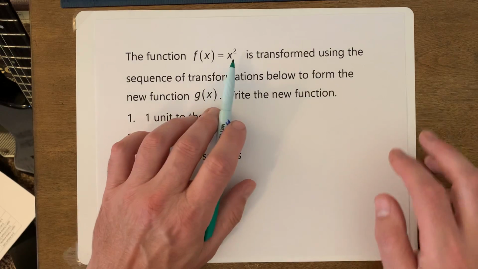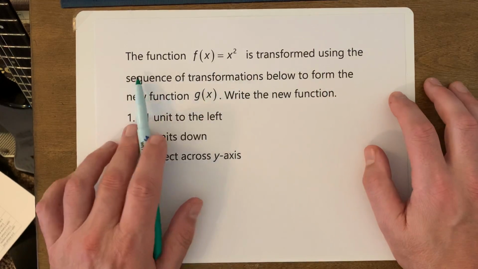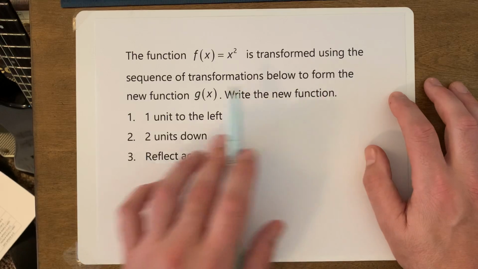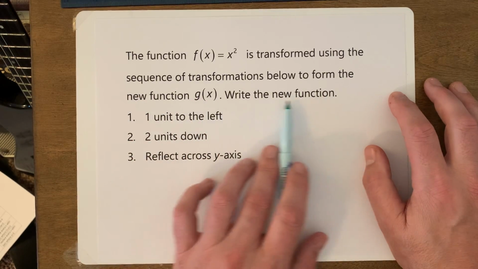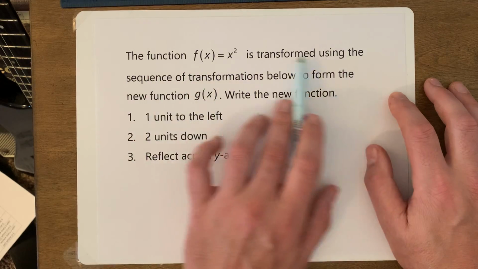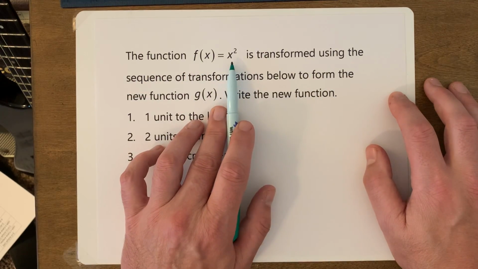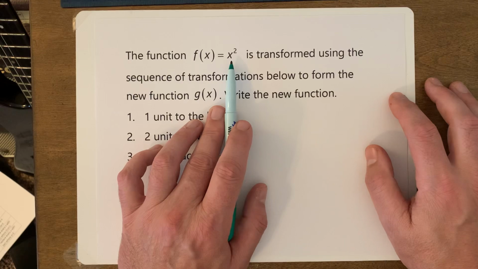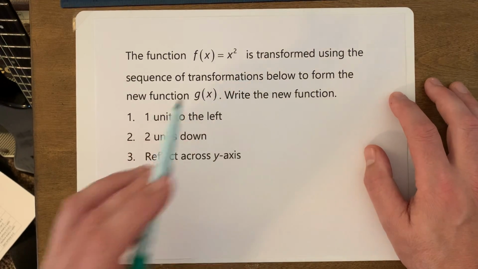So we start out with x squared, and we're going to transform it using the sequence of transformations below to form the new function g of x. Write the new function. All of my question stems are going to look just like this, except I will change the parent function from time to time, just so you're exposed to the other parent functions and how the graphs look.